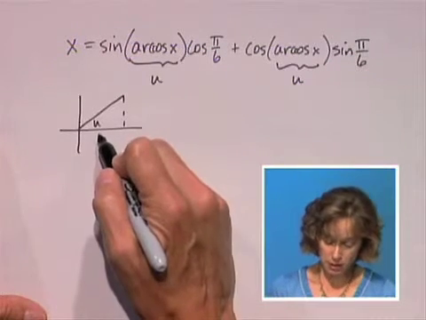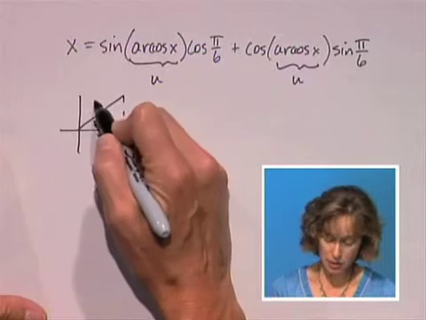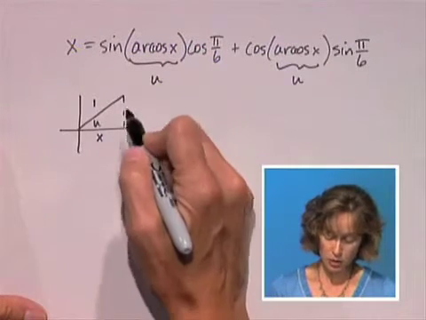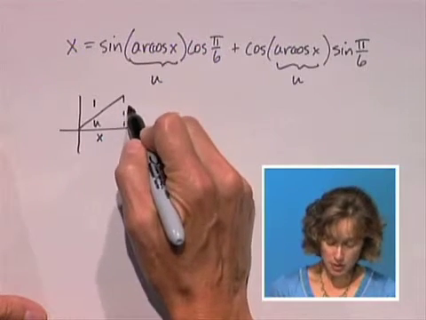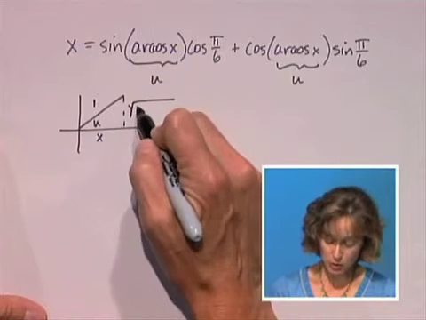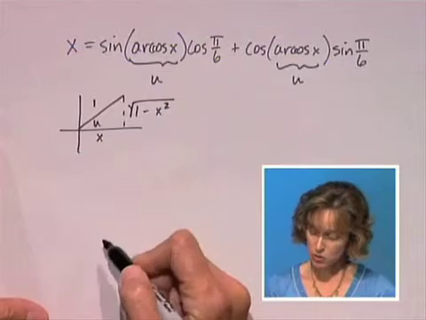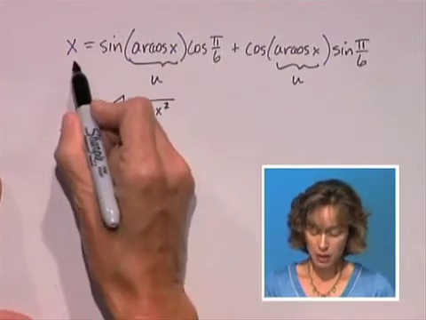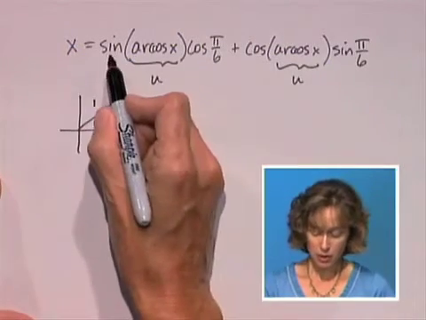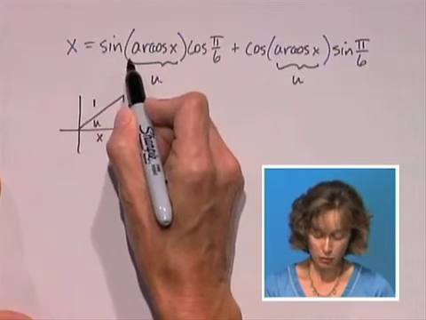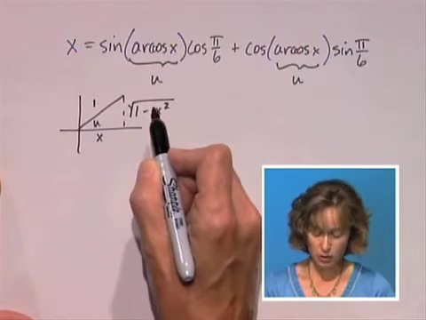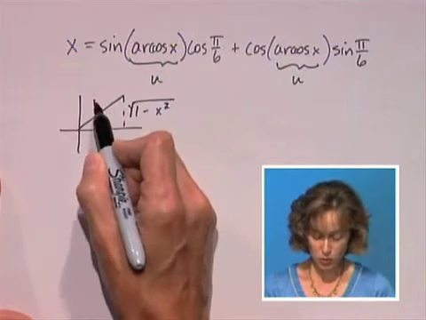So I'm going to make the adjacent side to it x and the hypotenuse 1, which means the opposite side by the Pythagorean theorem should be the square root of 1 minus x squared. And I'm going to come back to my statement and replace the sine of my angle with square root of 1 minus x squared over 1.